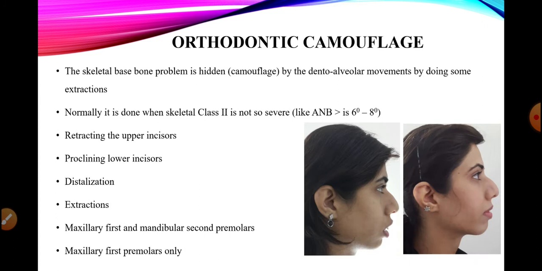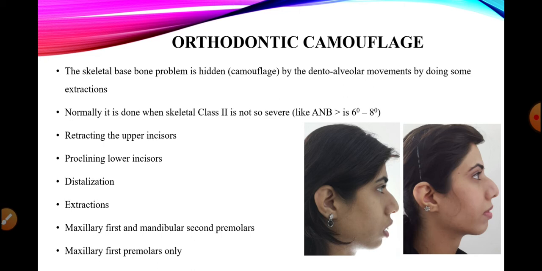Now, the second modality of treatment that can be used in cases of class 2 division 1 correction is orthodontic camouflage. By orthodontic camouflage, we can treat the malocclusion by moving the teeth into a class 1 relationship.